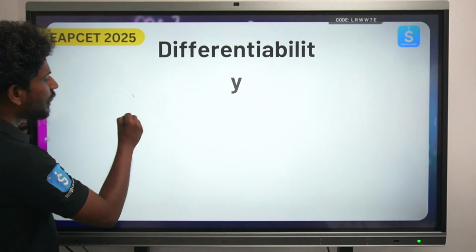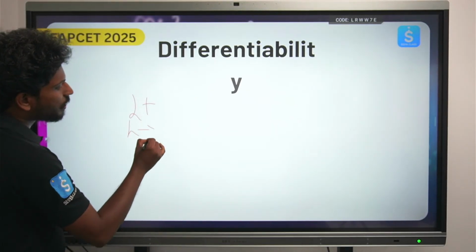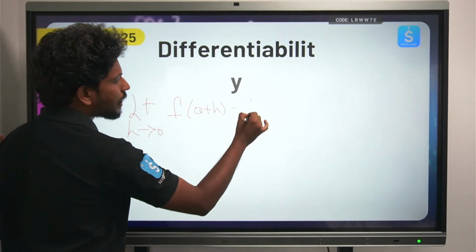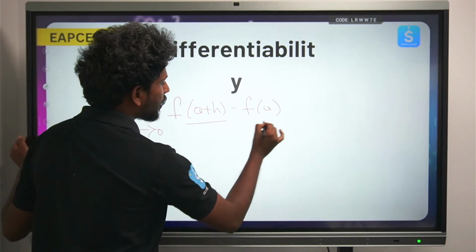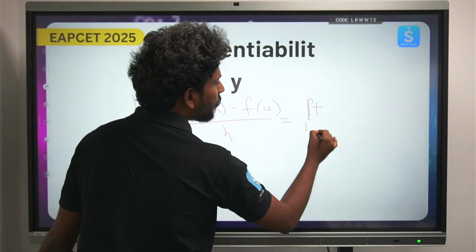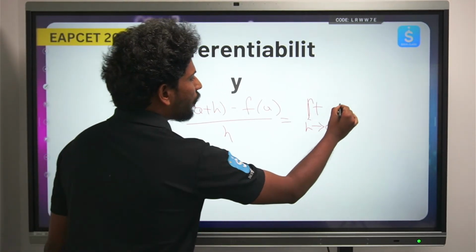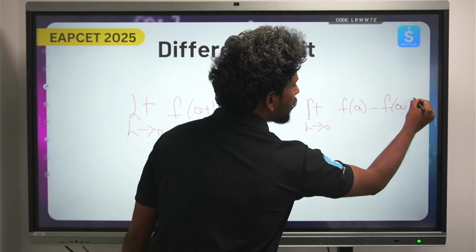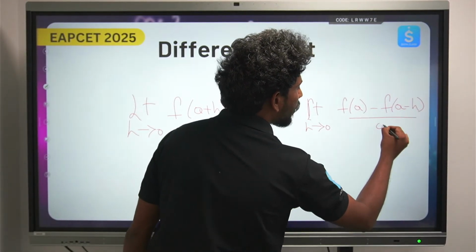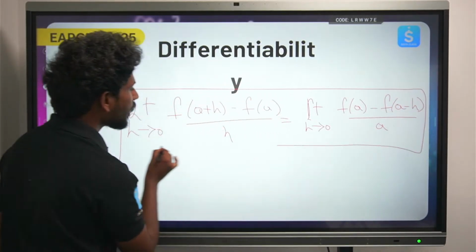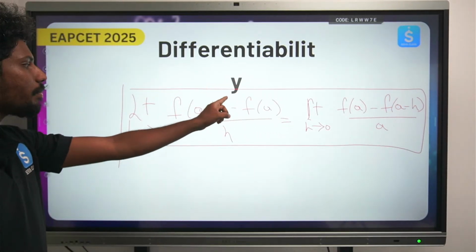If you can satisfy this final condition, that is limit h tends to 0 f of a plus h minus f of a by h, if it is equal to limit h tends to 0 f of a minus f of a minus h by h, if this condition is satisfied then you can say that it is differentiable at point a.